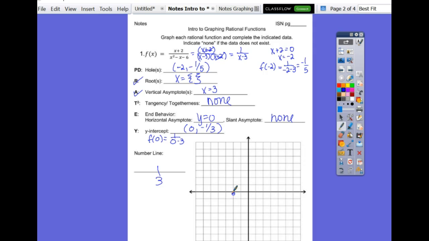So there's right there. And I have a y-intercept is 0 and negative 1/3. So that goes right here. So next, I'm going to put x equals 3. And y equals 0.